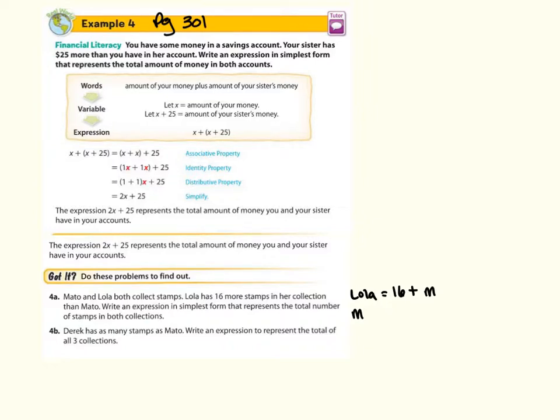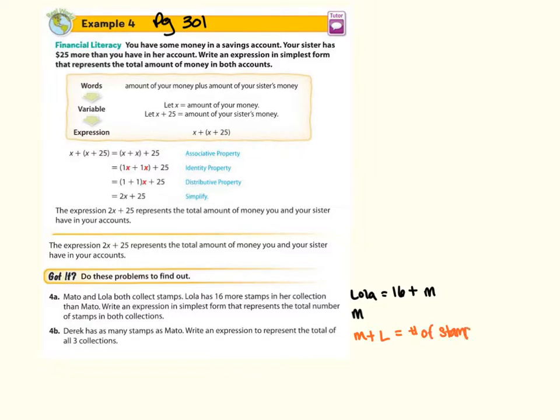Now, write an expression in simplest form that represents the total number of stamps in both collections. Realistically, if I just take Motto plus Lola, I will get the number of stamps.